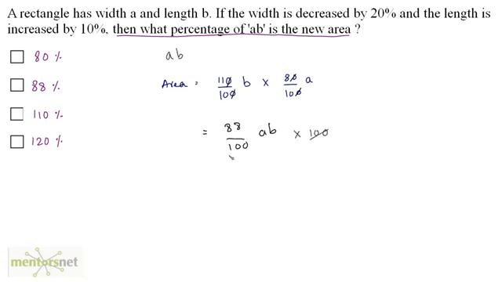So this 100 and this 100 get cancelled out. What we have is 88% of AB. Or if you hadn't multiplied that by 100, I could have written this as 88 by 100 times AB, which is 88% of AB. So the new area is 88% of AB, and that is option B.